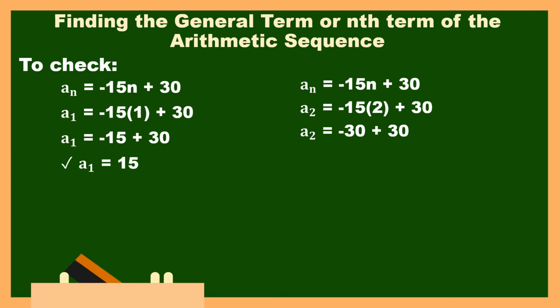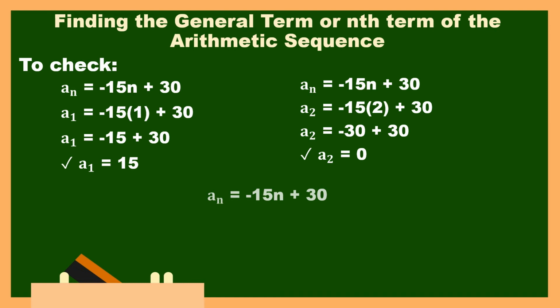So, bakit naging negative 30? Kasi nga, negative 15 times positive 2 is negative 30. Unlike sign, kaya negative yung result. Ngayon, subtract natin si negative 30 at positive 30 kasi sila ay unlike sign. And the result is 0. Ang ating second term ay equal to 0.